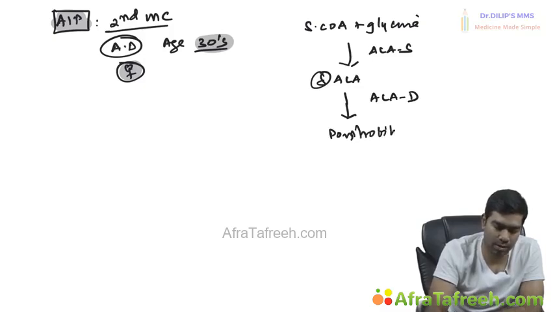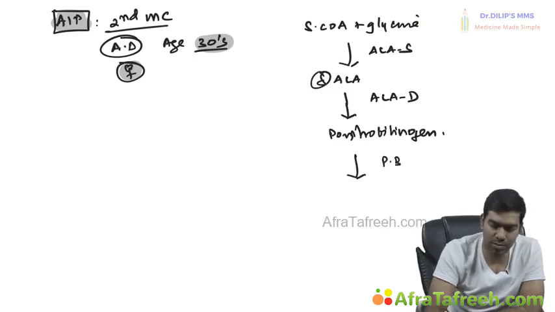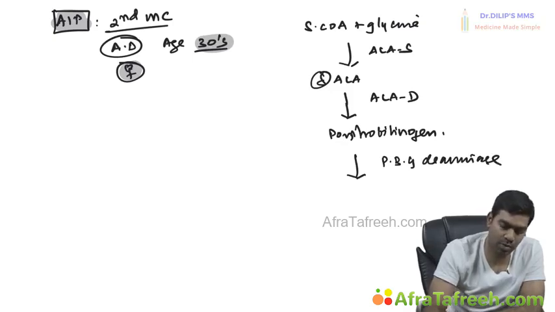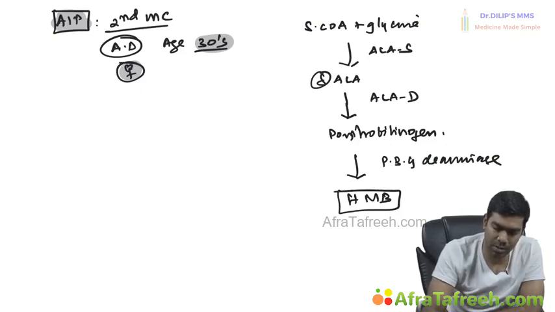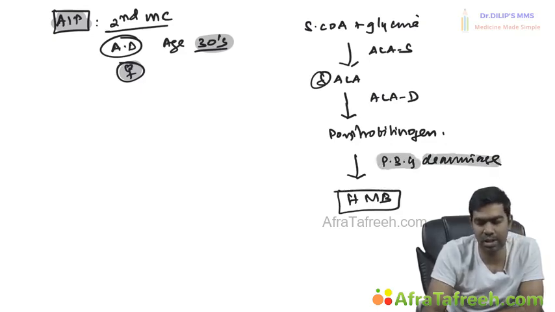We all know that. This porphobilinogen, with the help of porphobilinogen deaminase, forms hydroxymethylbilane. That's why this PBG deaminase is also called HMB synthase, the other name for this enzyme. So they are going to form hydroxymethylbilane.